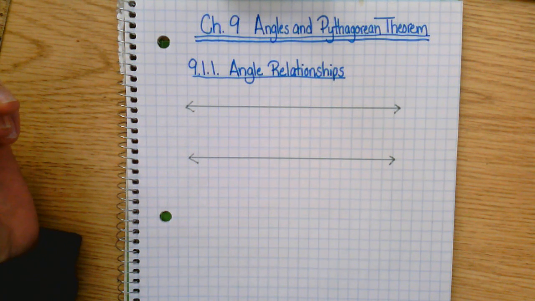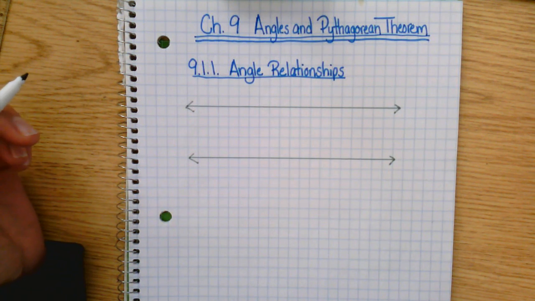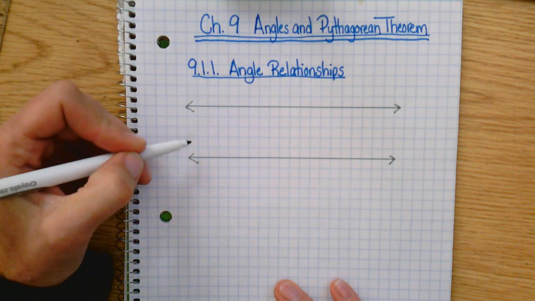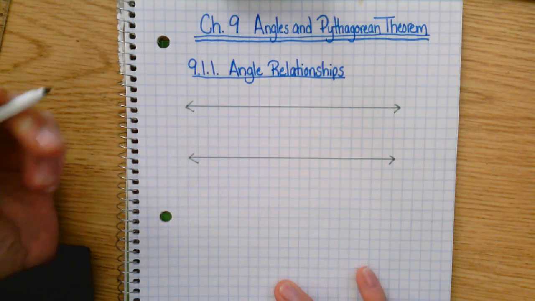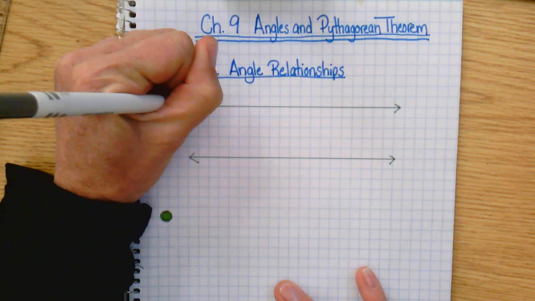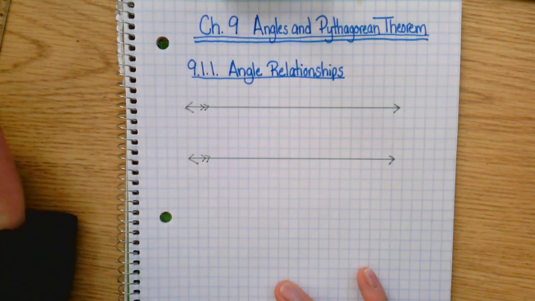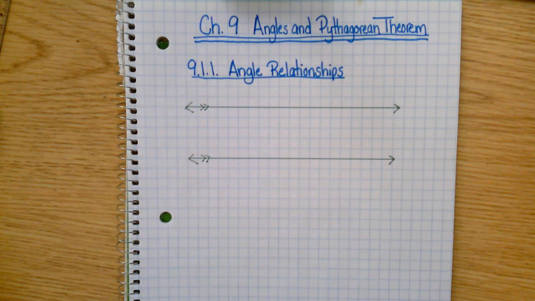So to get started, let's just go over some vocabulary and some symbols that you will be seeing in this lesson. You'll see here that we have two parallel lines, and oftentimes the parallel lines will have little markings on them that indicate that they are parallel lines. So look for that.